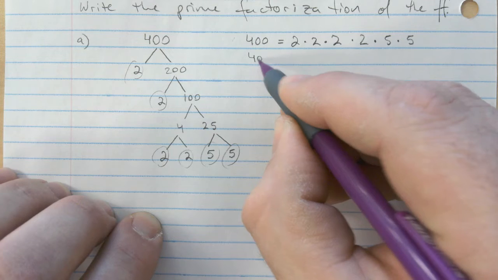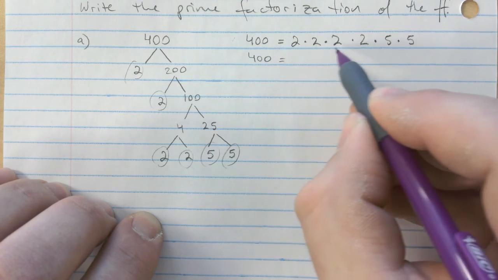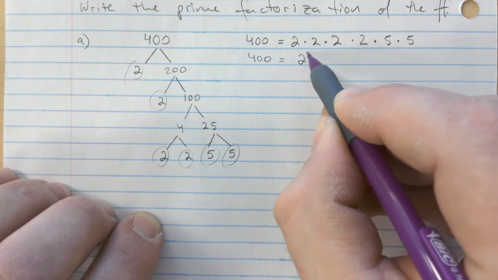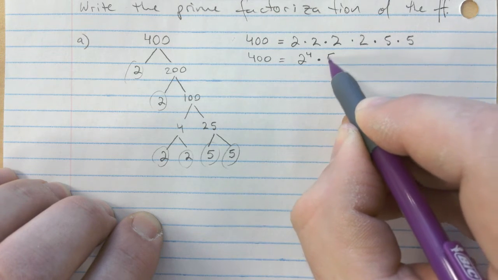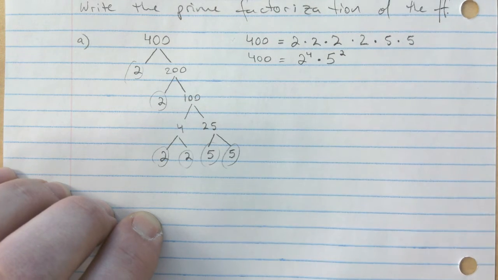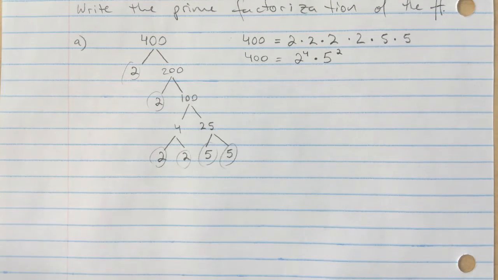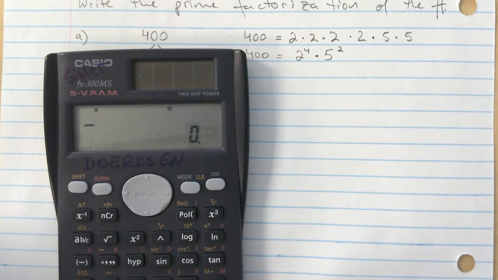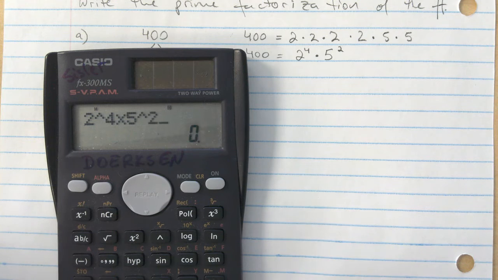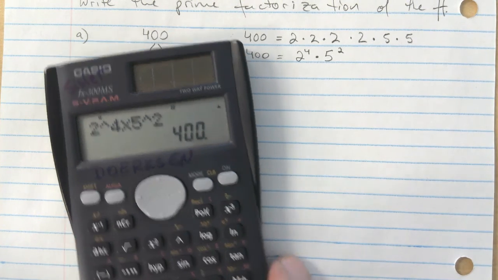And you can rewrite this as 2 to the power of 4 times 5 to the power of 2. And there it is. And if you don't believe me, 2 to the power of 4 times 5 to the power of 2, that's 400. So voila, you've done it.